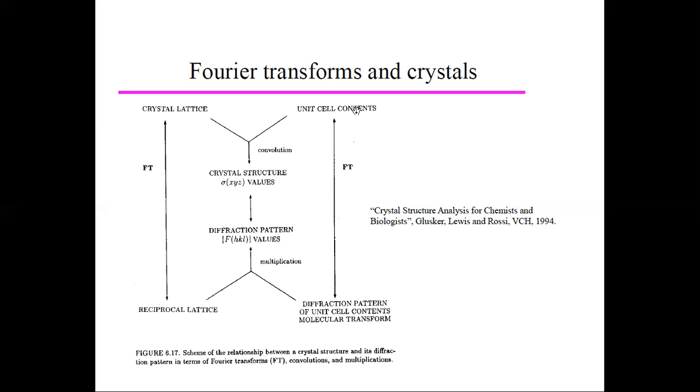Similarly, the unit cell content is also a convolution of the different values. After that, the value is in the form of diffraction, which is multiplied with the diffraction pattern of the unit cell. It changes into the molecular transform. This is the simple diagram of the Fourier transform and its crystal.